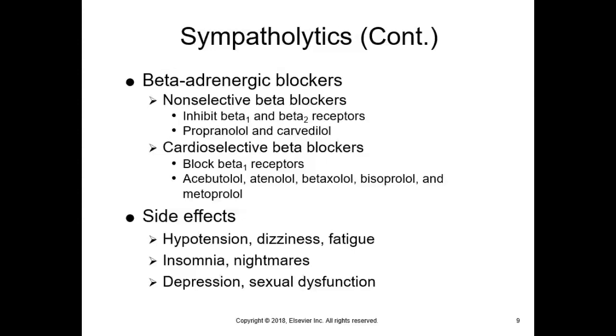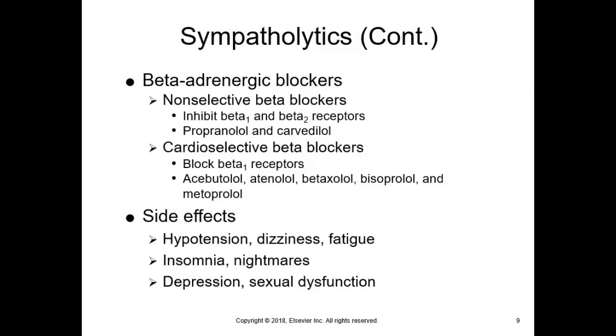African American hypertensive patients do not respond well to beta blockers alone for control of hypertension. If an African American is receiving a beta blocker, it's usually going to be combined with a diuretic to make it effective. Then we go on to talk about non-selective versus selective beta blockers. Cardioselective beta blockers are selective to the beta-1 receptor, and that means bronchoconstriction is less likely to occur.